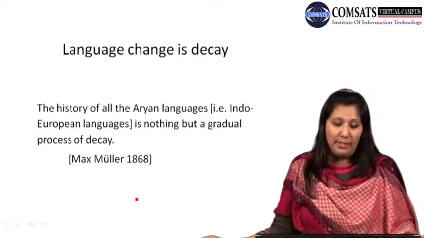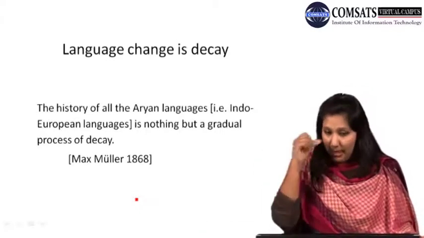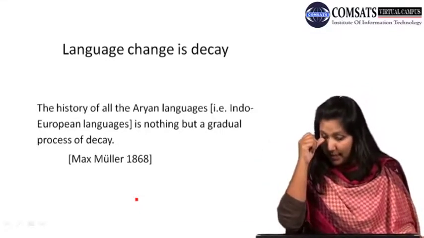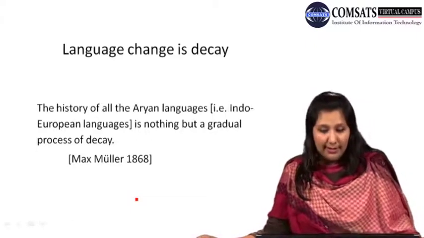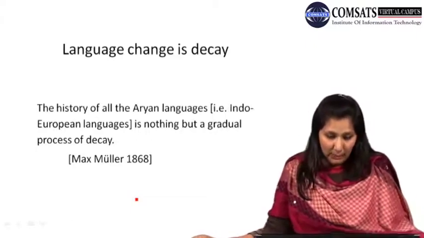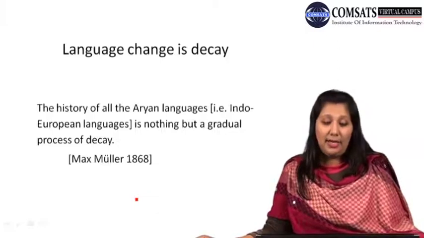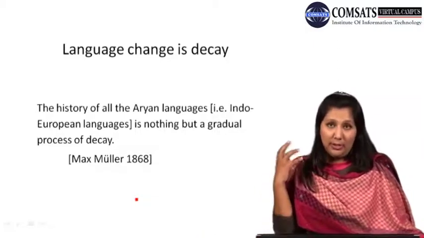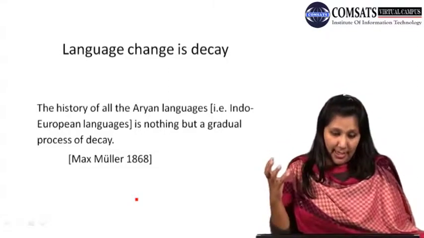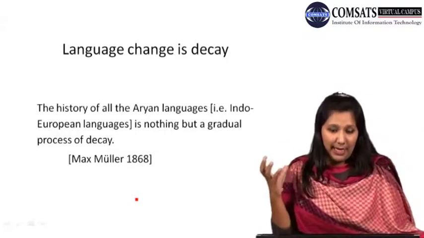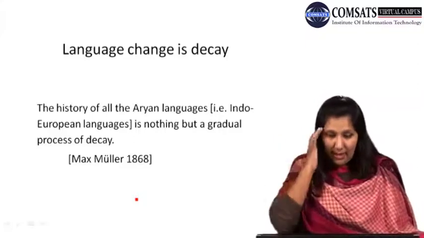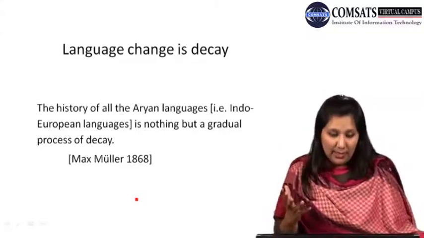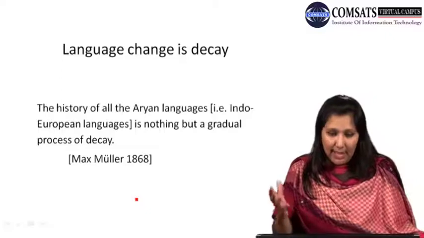Let's see what Max Muller in 1868 says about language change. He says that the history of all the Aryan languages, that is Indo-European languages, is nothing but a gradual process of decay. Yes, the languages that existed in the primitive times, in the beginnings, perhaps now they have extinguished, they have already vanished.